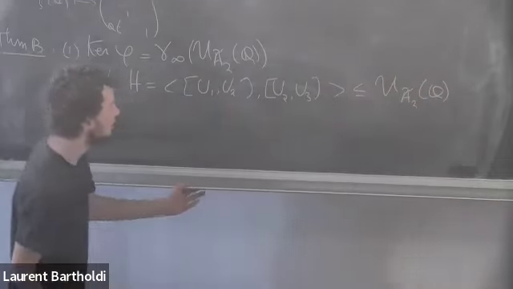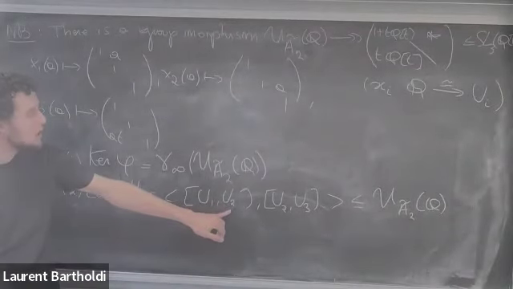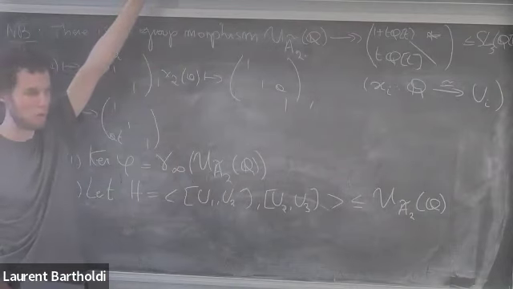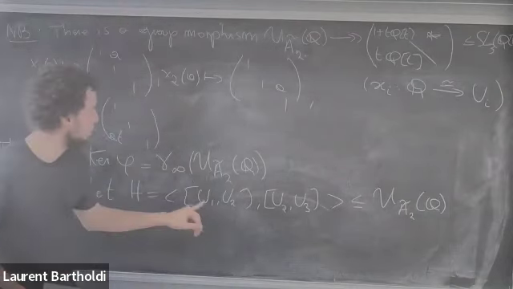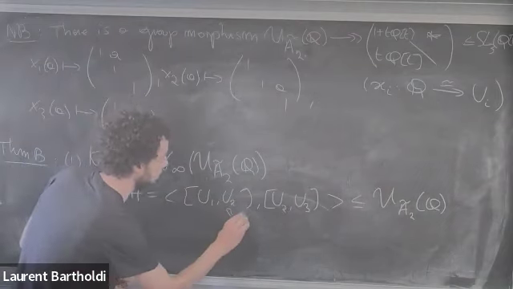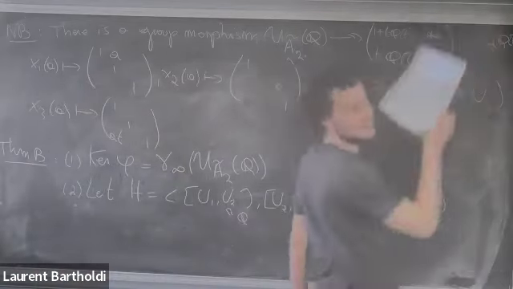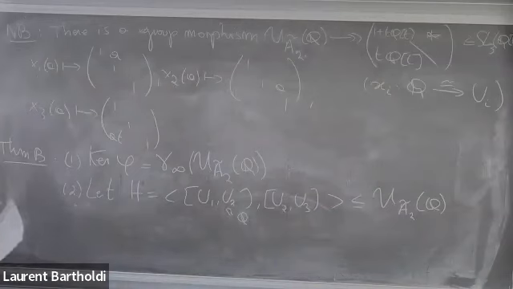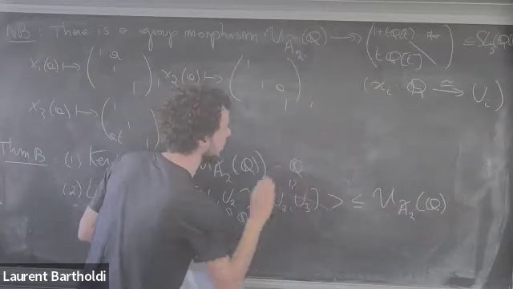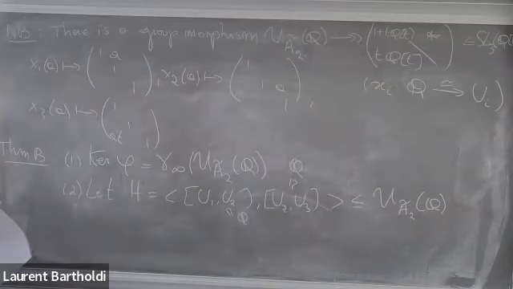Recall that in this amalgam, U1 and U2 generate a copy of the Heisenberg group over Q, and same for U2 and U3. So the bracket of U1 and U2 is a copy of Q, in position 1, 3, and this is also a copy of Q in the Heisenberg group generated by U2 and U3.